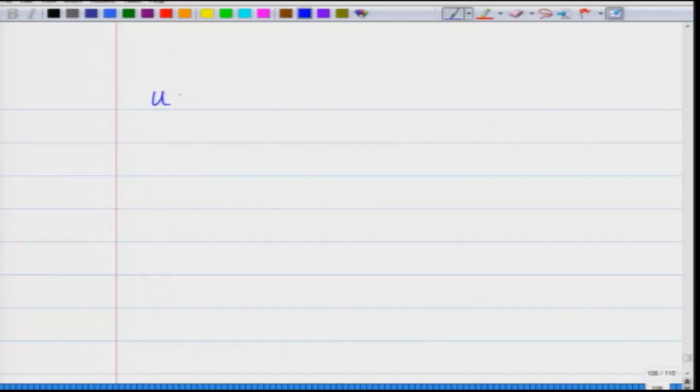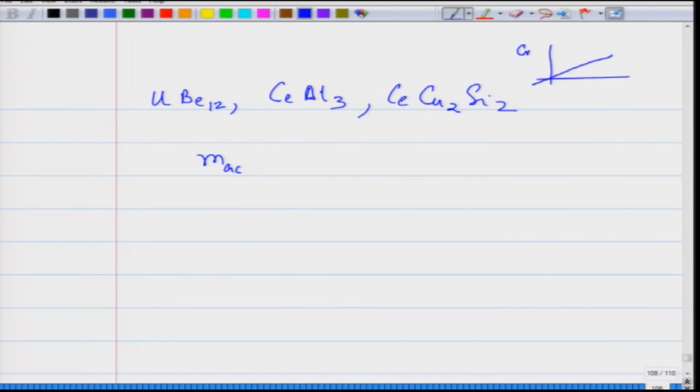In fact, there is a certain class of compounds, like uranium based compounds, cerium aluminum compounds, or silicates like CeCu2Si2. In these, if you do the same experiment of measuring the specific heat and from the slope measure the Sommerfeld's constant and take the ratio of observed to theory, you can show that the actual mass of the electron in these metals can be as large as 1000 times the mass of the free electron.